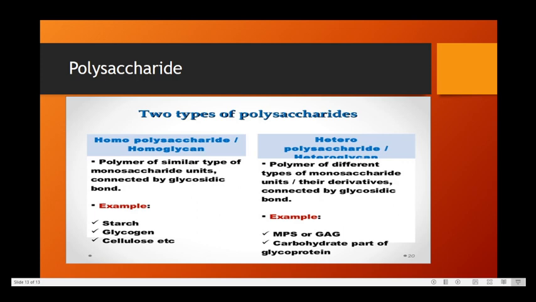Examples of homopolysaccharides are starch, glycogen, cellulose, etc. And examples of heteropolysaccharides are MPS or mucopolysaccharide, or GAG meaning glycosaminoglycan, or the carbohydrate part of glycoproteins, etc.